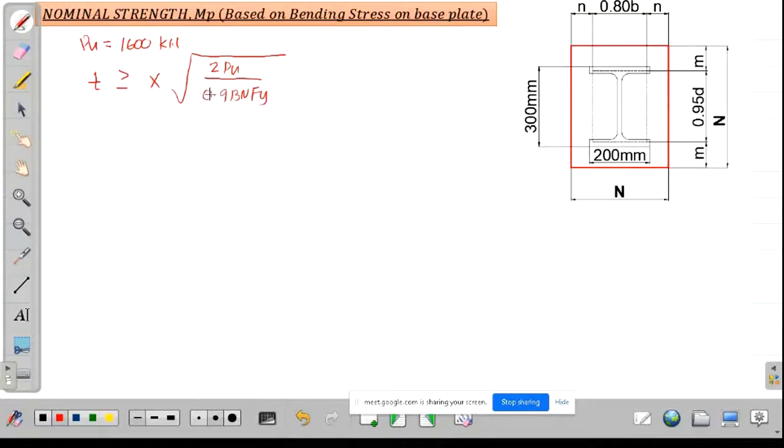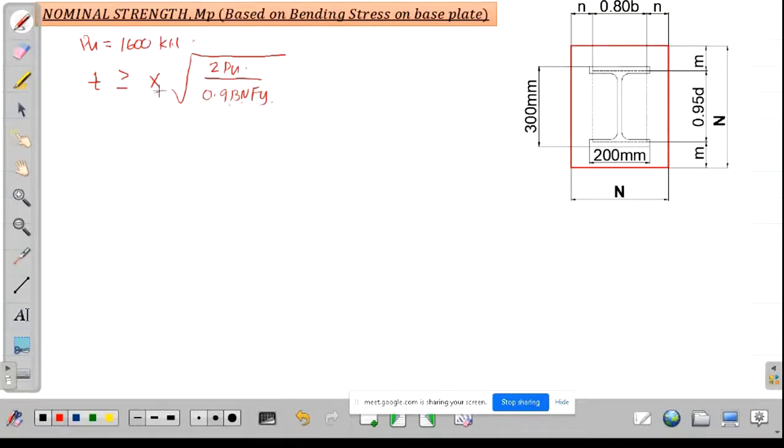So, yan yung equation natin. Okay? So, we have value of PU, that is 1,600. Meron na din tayong value ng B, meron na din tayong N, meron na tayong FY. Ang wala lang yung X.